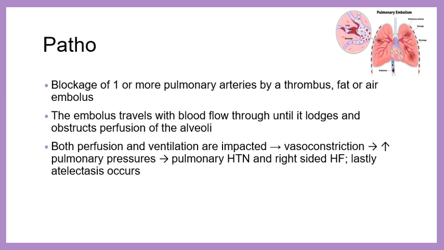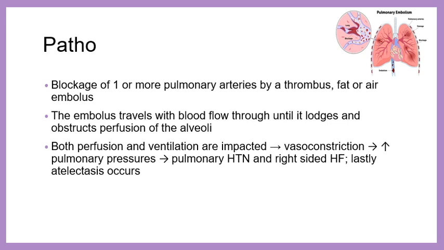So the number one cause of a PE, where this thrombus is coming from, is a venous thromboembolism, VTE, or I will probably say DVT, deep vein thrombosis, because that's what I learned. So, I'm trying to convert over to VTE, but if I say DVT, same kind of thing.